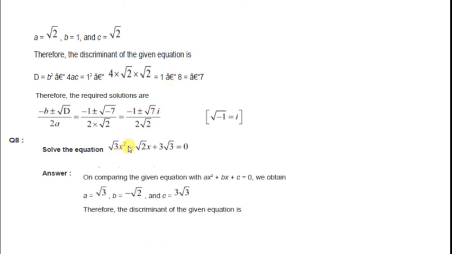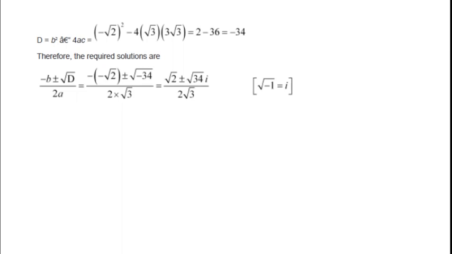Next one is root 3 x square minus root 2 x plus 3 root 2 equals 0. So a is root 3, b is minus root 2 and c is 3 root 3. So D is b square minus 4ac, that is minus root 2 square minus 4 into root 3 multiplied by 3 root 3, that is 2 minus 36, that is minus 34.